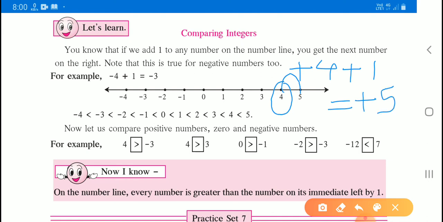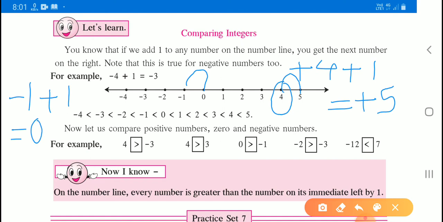Suppose I take negative 1 and I want to add positive 1. Positive we are adding, that's why we have to go to the right side. So from negative 1, 1 unit to the right, I will get 0.